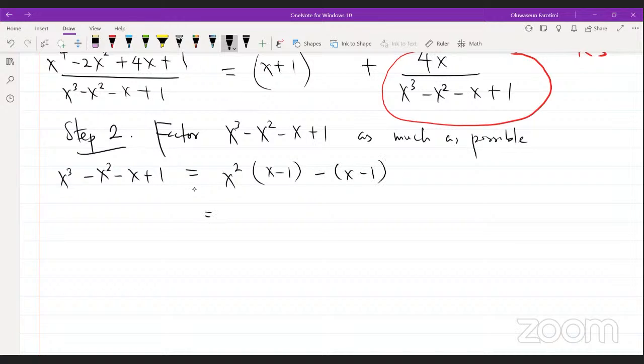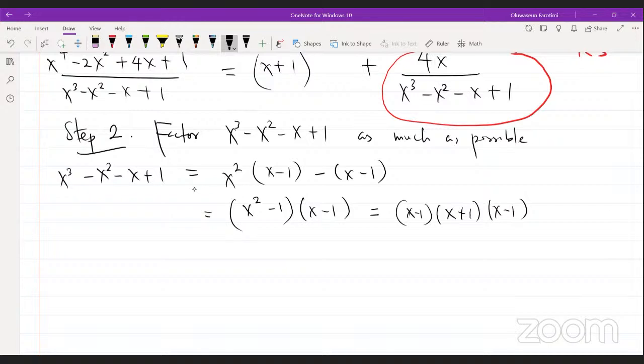Okay, and then I can write it as x squared minus 1 times x minus 1. But are we done here? Not quite. x squared minus 1, you can definitely write as x minus 1, x plus 1, and then you have this.